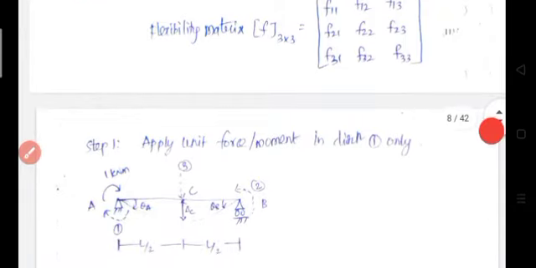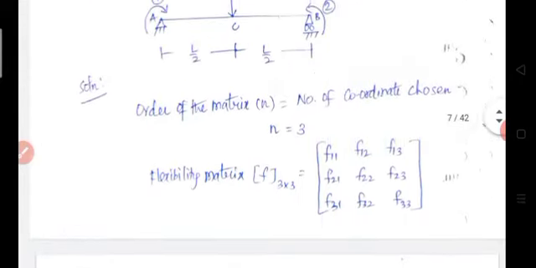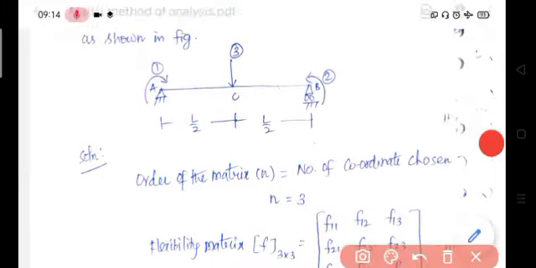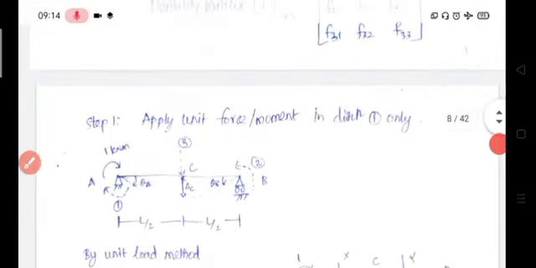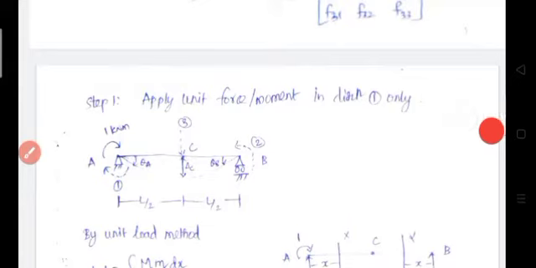For this we have to apply unit force or moment in direction 1 only. The coordinate direction 1 is a moment in clockwise direction, so in the first step we apply a unit moment in the coordinate 1 direction.